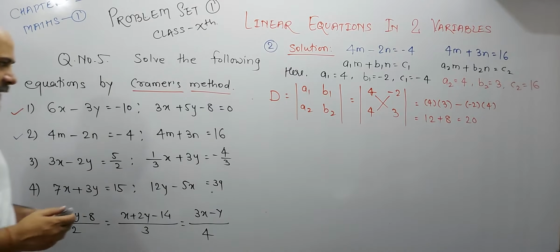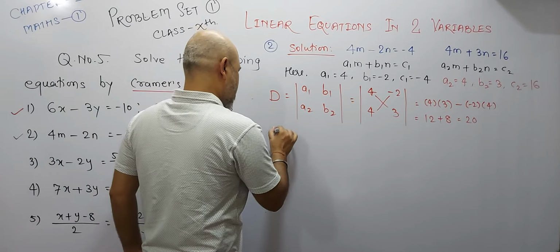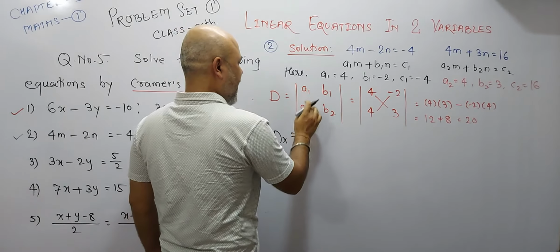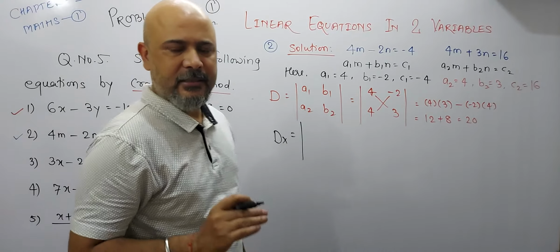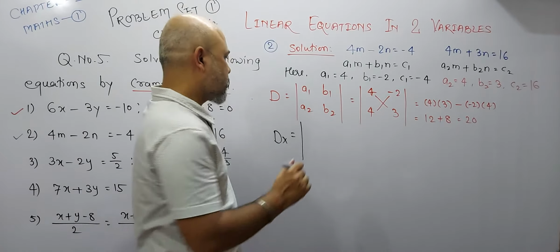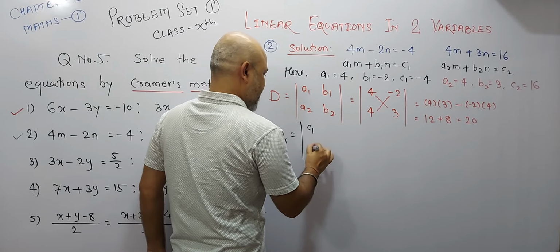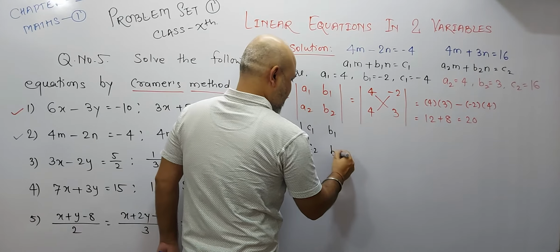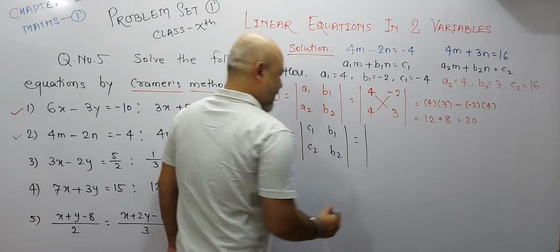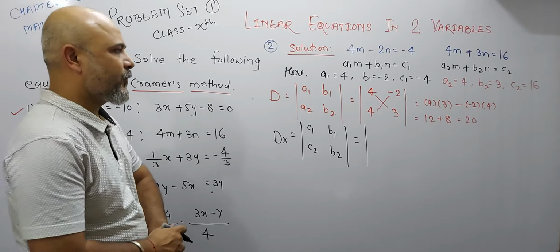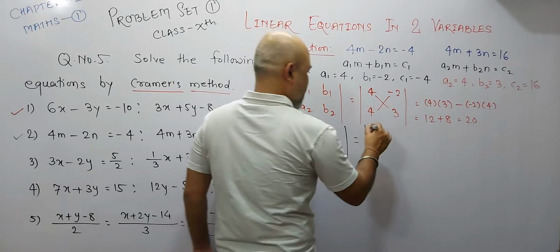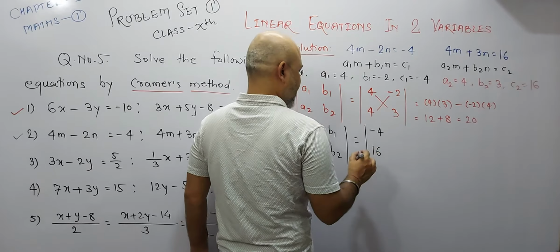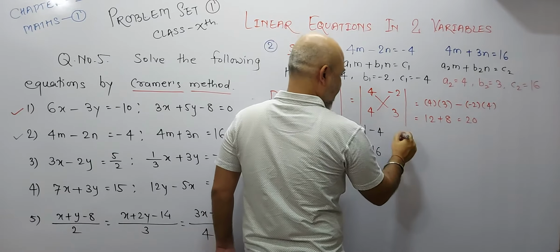Okay. Now we'll find the value of dx. When we find the value of dx, a1 and a2 are replaced by c1 and c2. So now replace a1 and a2 by c1 and c2. b1 and b2 will stay as they are for dx. So c1 is -4 and c2 is 16, and b1, b2 are -2 and 3.